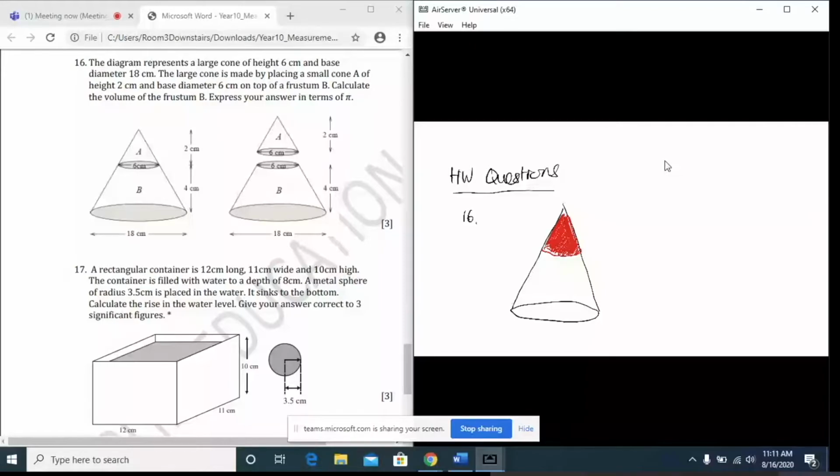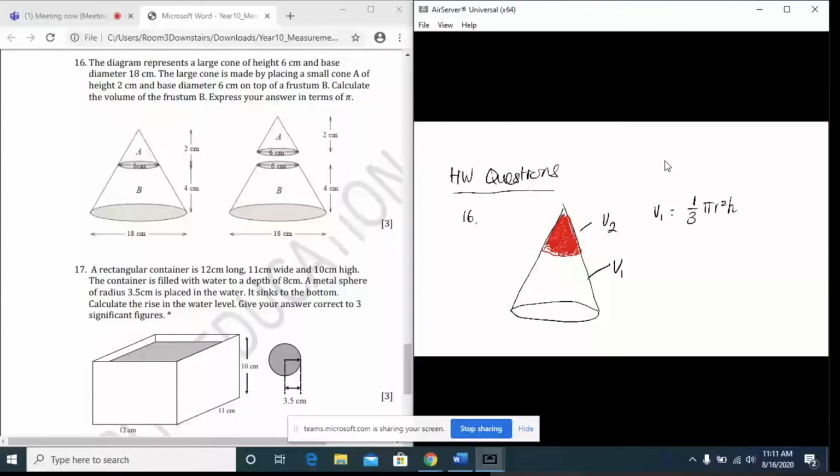The volume of the large cone, I'm going to refer to as volume 1, and the volume of the small cone, I'm going to refer to as volume 2. Now, let's figure out what volume 1 is going to be given by. If you guys aren't aware, the volume of a cone is given by a third times pi r squared h.